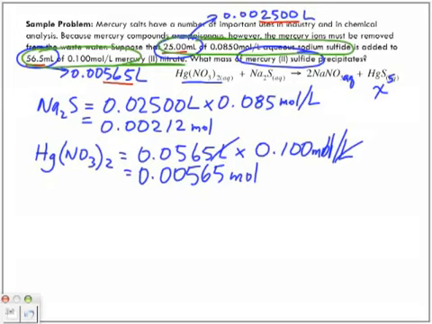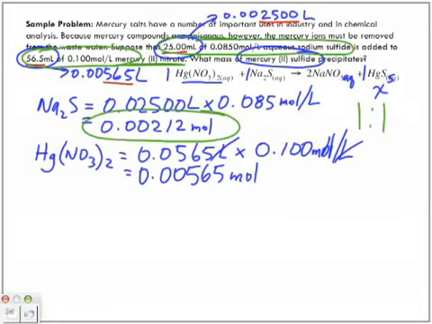Now, what we want to do is figure out what is the limiting reactant, or the limiting reagent. Because it's a 1-to-1 ratio, and the product that we're looking at is also a 1-to-1 ratio, 1-to-1-to-1, we don't need to make any modifications based on how many moles or molecules we have of each one. So we take the smallest value.